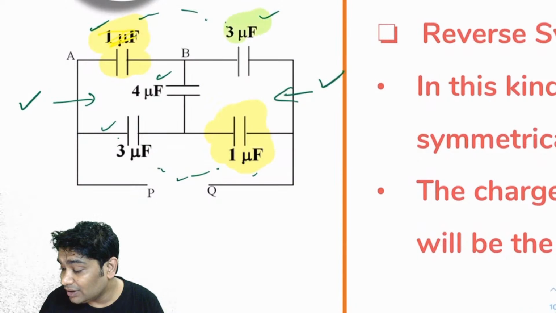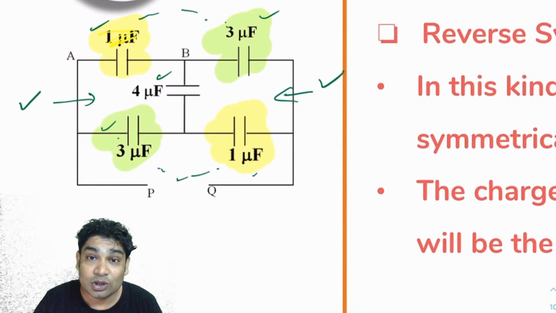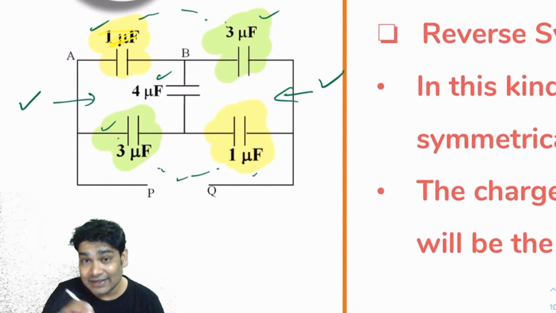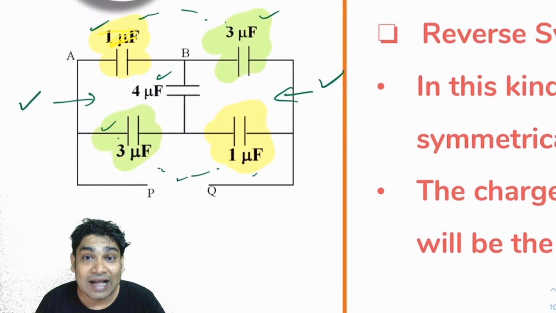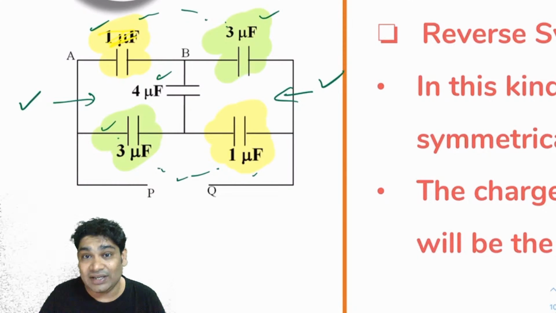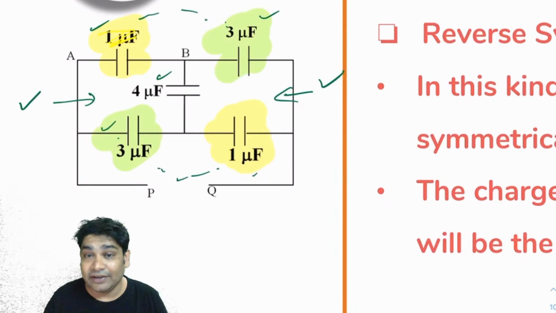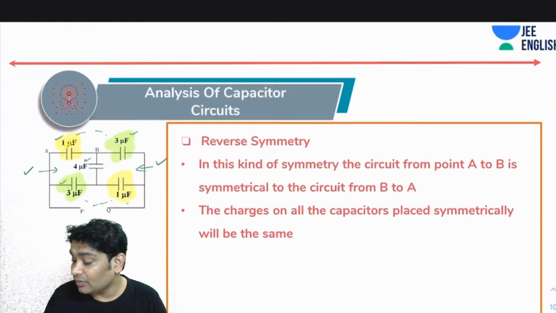Similarly, this capacitor and this capacitor are also placed symmetrically, so these two will again have identical charges. That is what you can use, and that will reduce your KVL KCL equations. I told you we are using symmetries in order to reduce the number of KCL KVL equations that we have to solve. So here we will be using that fact.